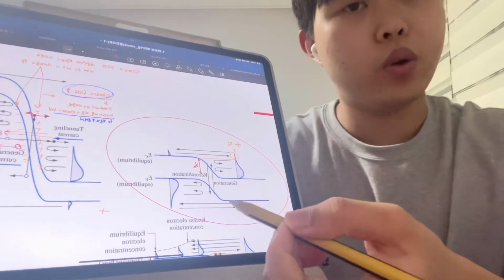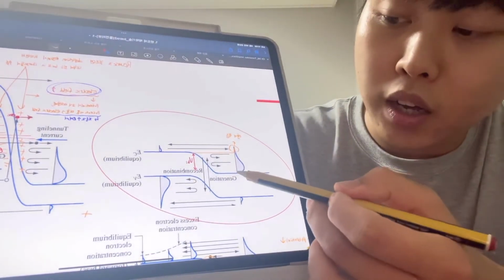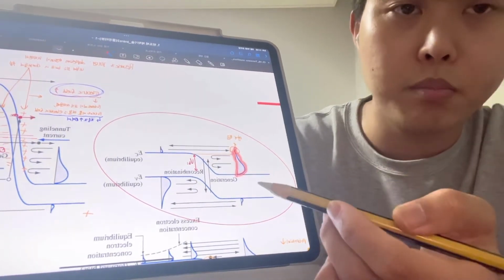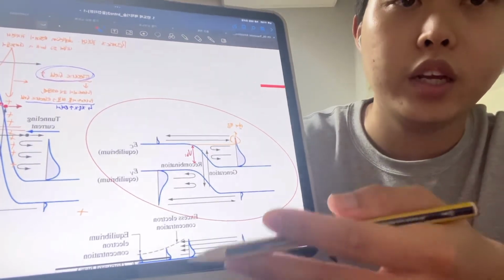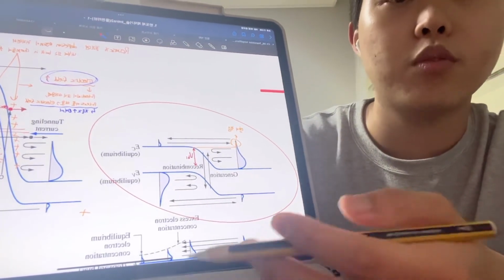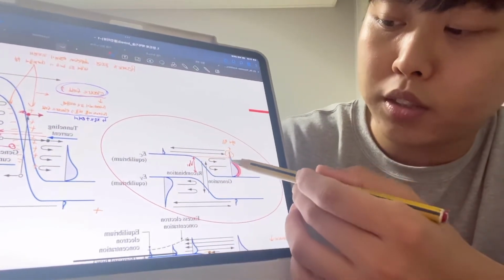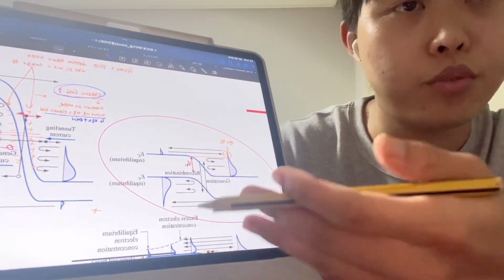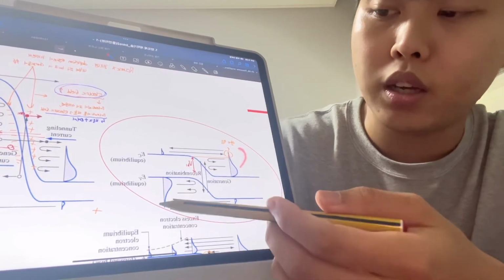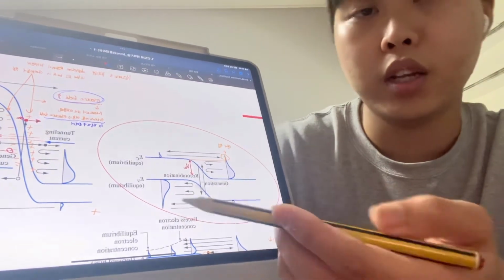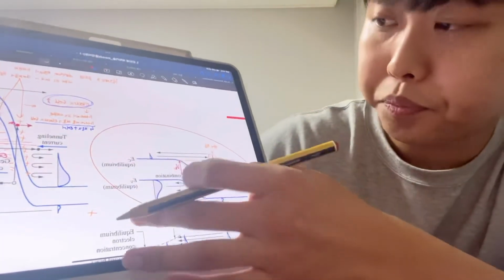You may ask me, what is this kind of drawing? It means the Boltzmann tail, and it indicates the amount of electrons or the amount of holes. If it is bigger, it means there are a lot of electrons in this space, and here it means there are a lot of holes in this space.